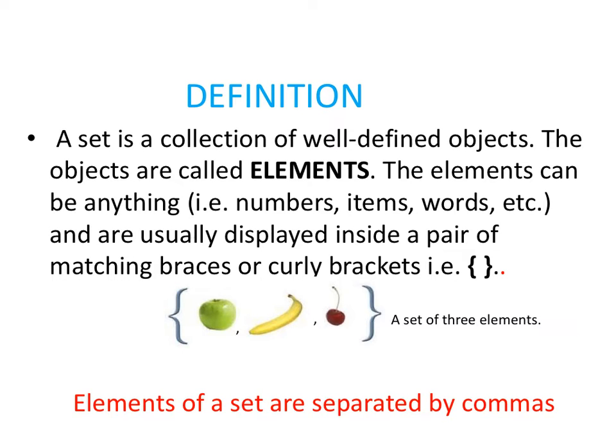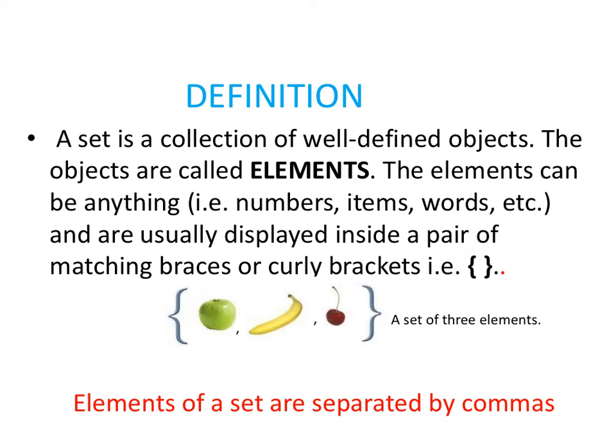Definition. A set is a collection of well-defined objects. The objects are called elements. That is the objects of a set. We said that a set is a collection of objects, and these objects are called elements.